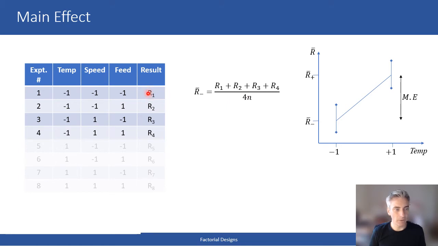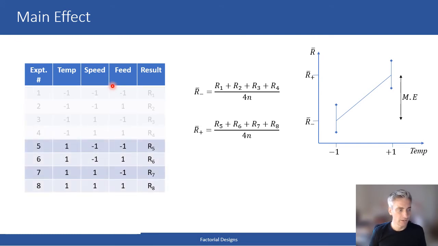So I've put R1 here, but R1 might be several measurements. Instead of measuring the roughness one time, you might measure it n times. N can be one in this particular example, but usually you'd measure it multiple times. And then you'd get a mean roughness of the sample when the temperature is low. Similarly, when the temperature is high, we can do the same thing: take the roughnesses when the temperature is high and divide by the number of measurements that we made.